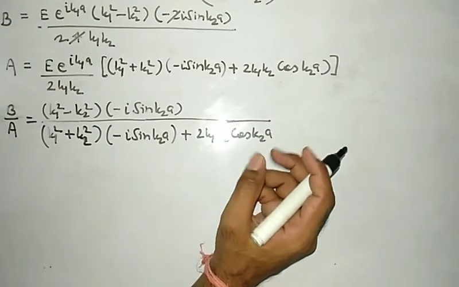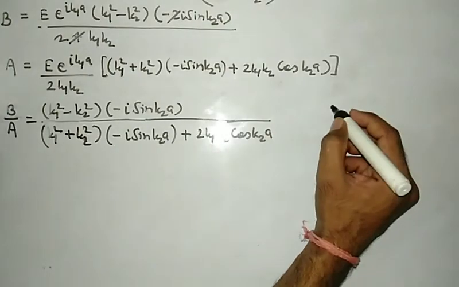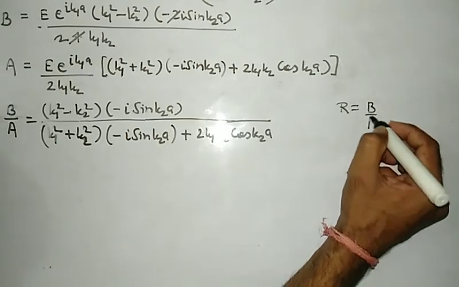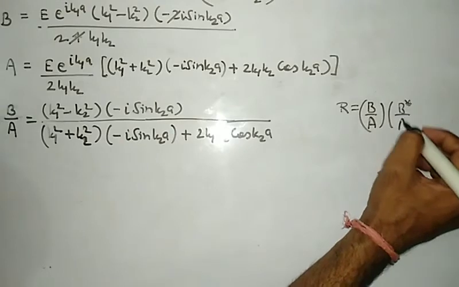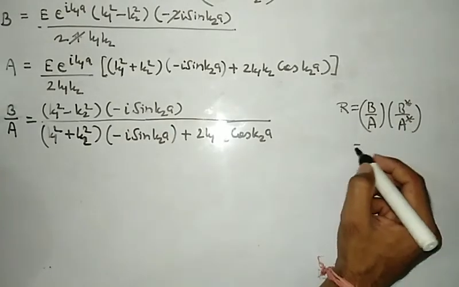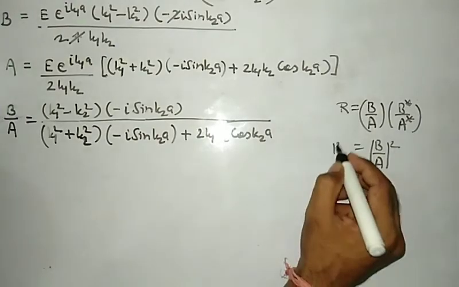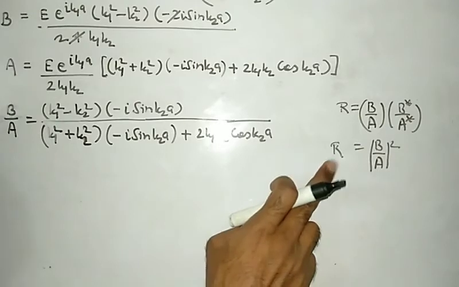Okay, and we know that to calculate r we need b by a and b star by a star, that is the complex conjugate, and r is equal to this. It is the quantum mechanical reflection coefficient.